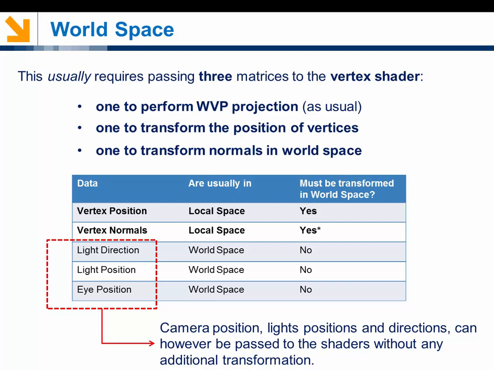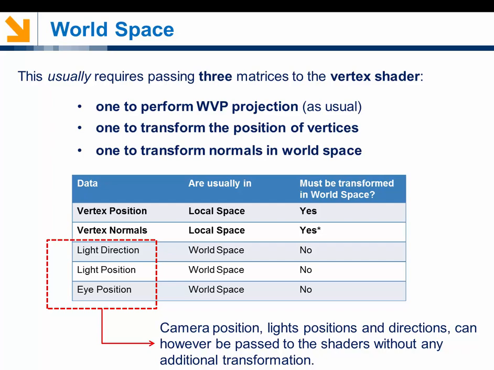We don't have to transform the light direction, light position, and eye position, so we don't have to multiply them, and we save operations. About the transformations and exactly which kind of operations are required to move data from one space to another, we will continue in a while.